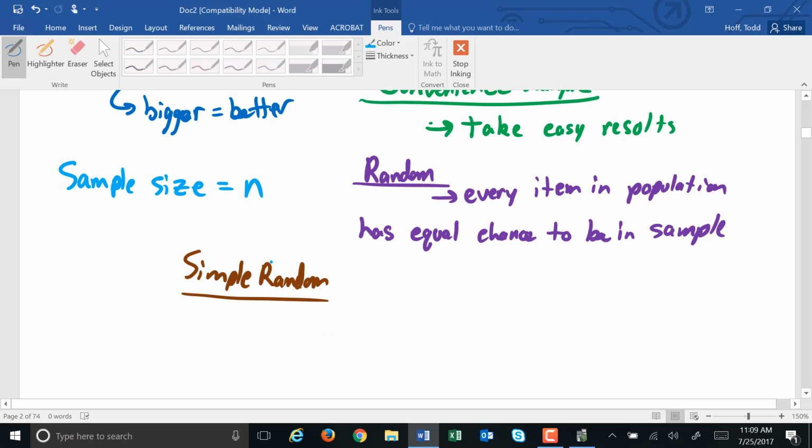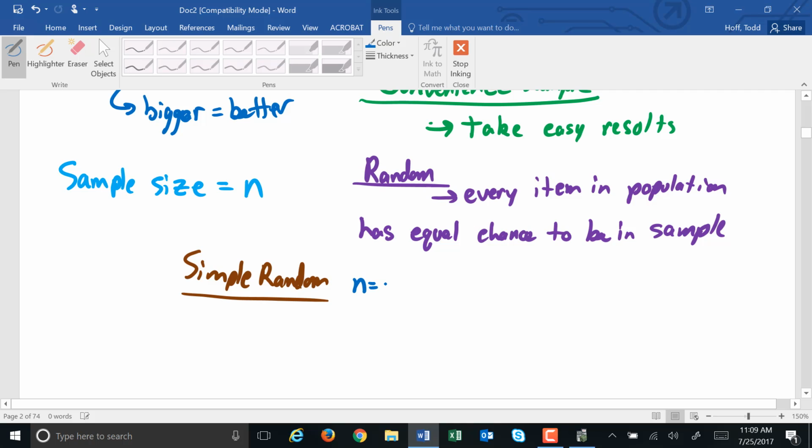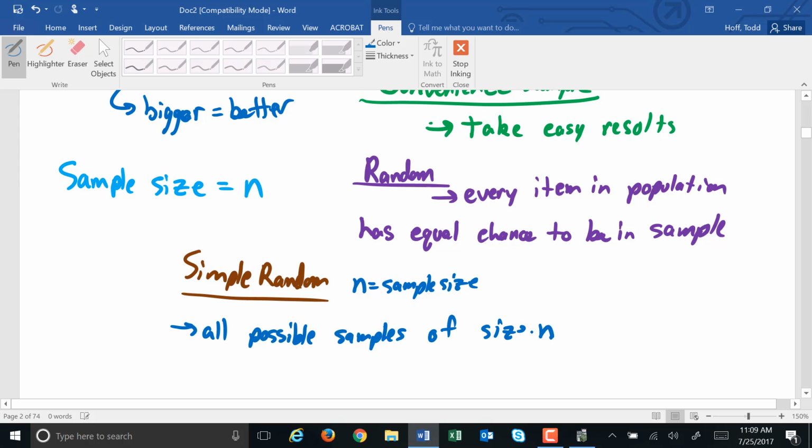A simple random sample, if N equals sample size, is that all possible samples of size N have equal chance.